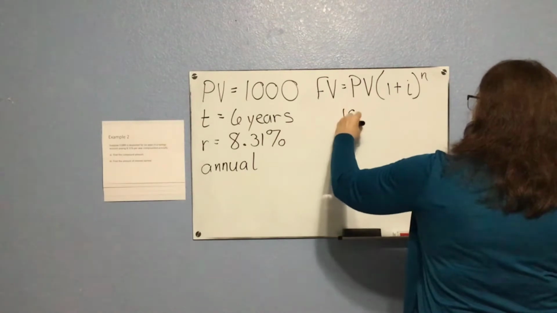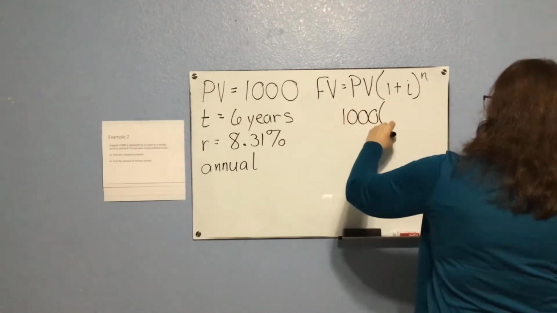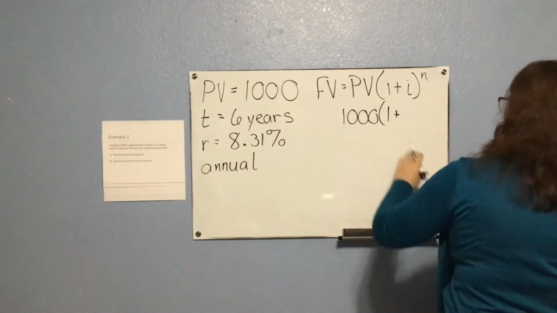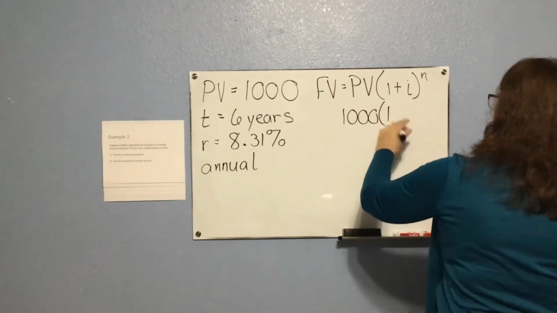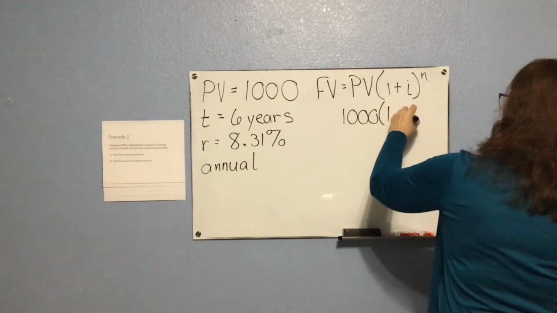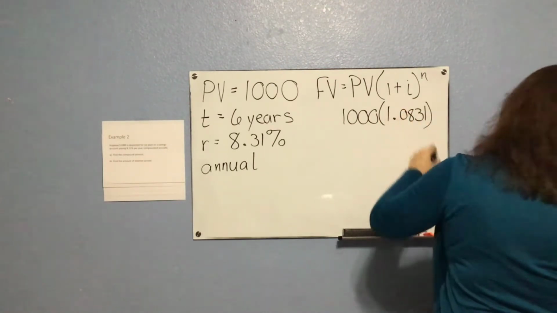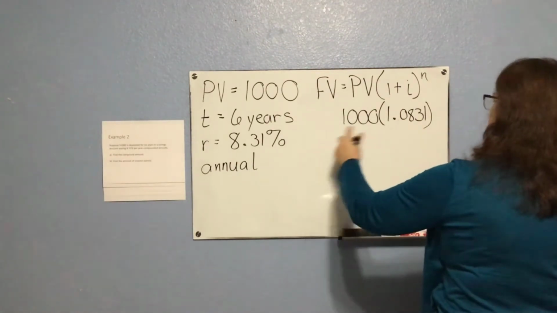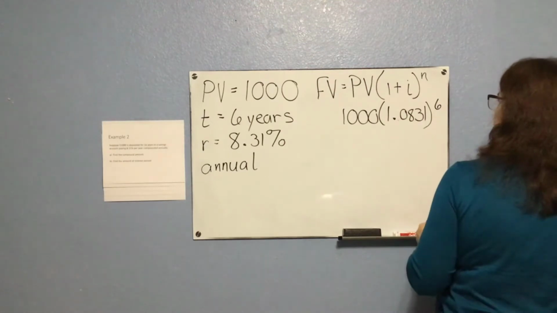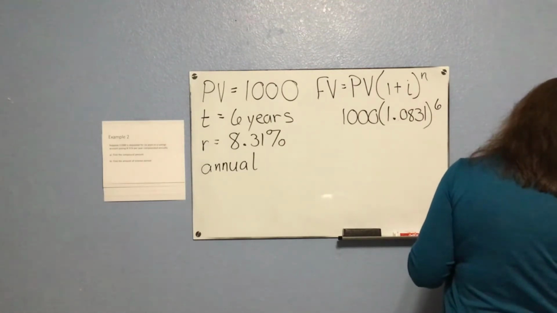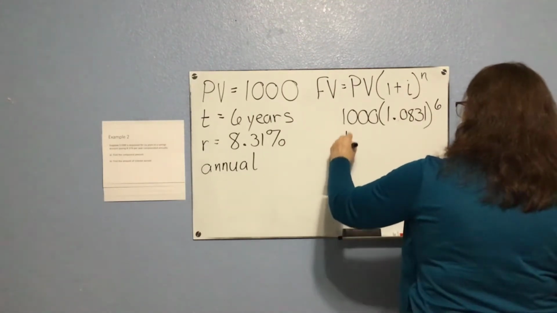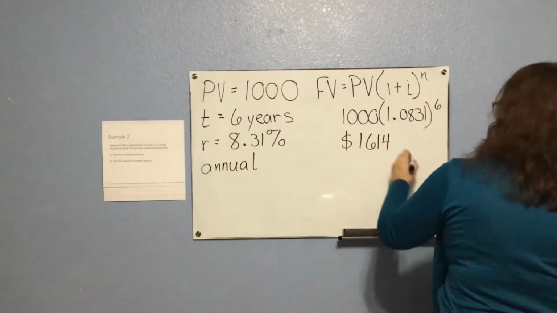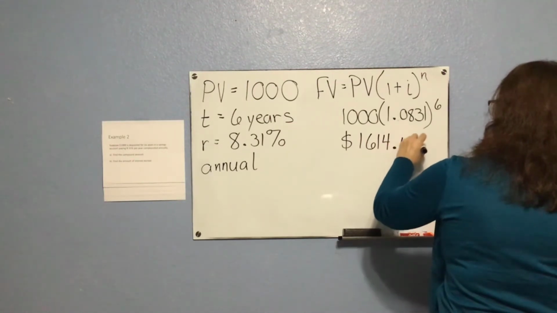So this would be 1,000 times 1 plus I. Let's just change this to 1.0831. And since it's annual compounding for 6 years, this is going to be to the 6th power. And when I multiply that out, I get $1,614.40.